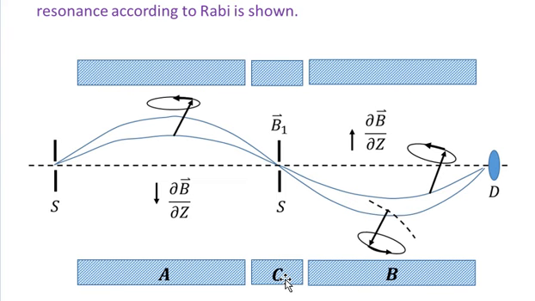That is, you are changing the delta E between the two hyperfine levels, and ultimately a stage will be reached when the separation that you are controlling through the magnetic field due to the magnets C will match with the fixed magnetic field B1, and then again the resonance condition will occur.